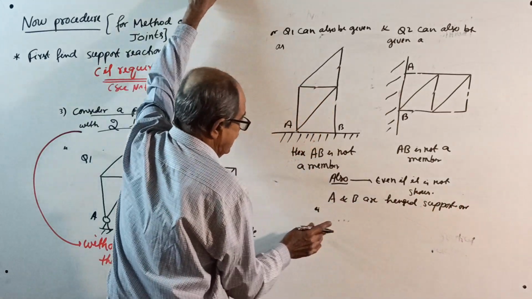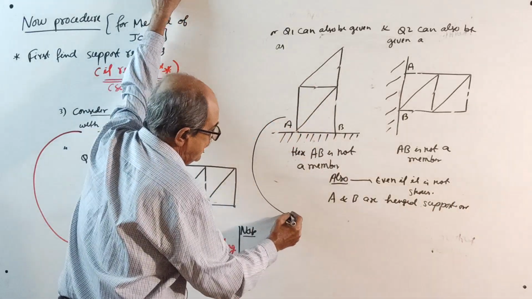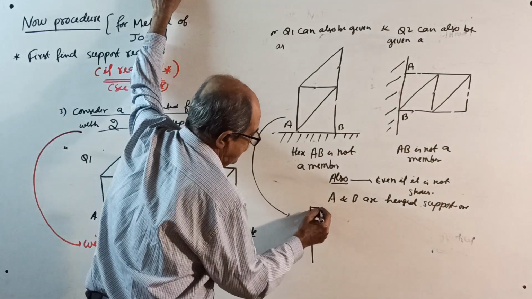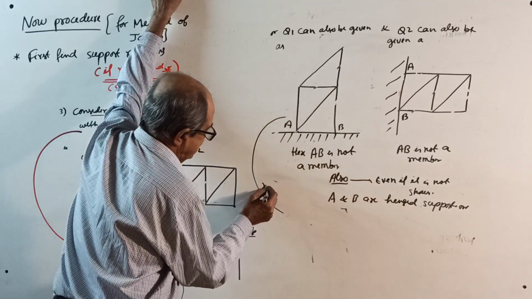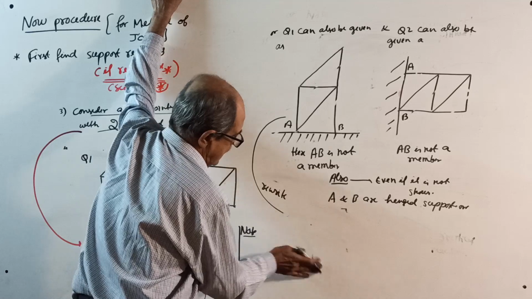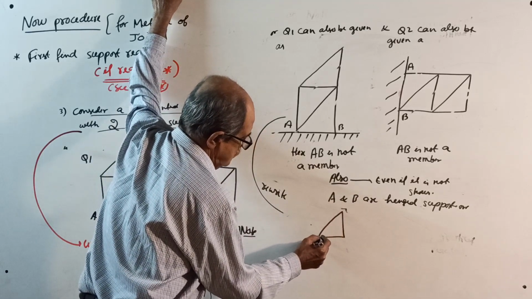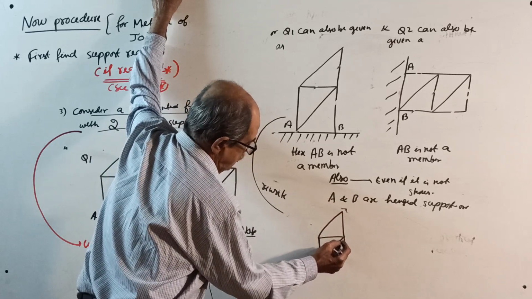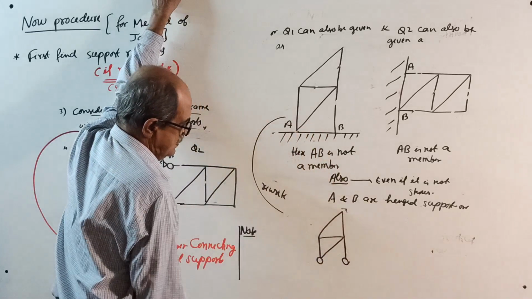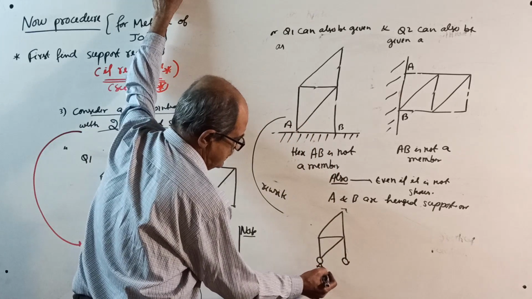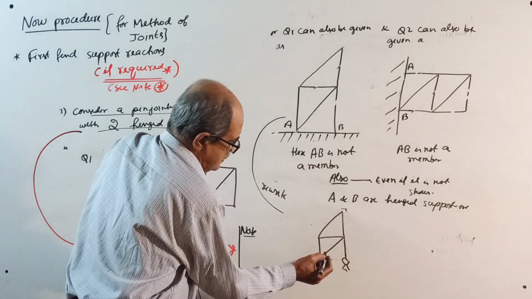That is, if the question is given like this, you rewrite it as, see here, when you solve. Hope you understand. This way, see, this will do. This is not a member right here, AB.